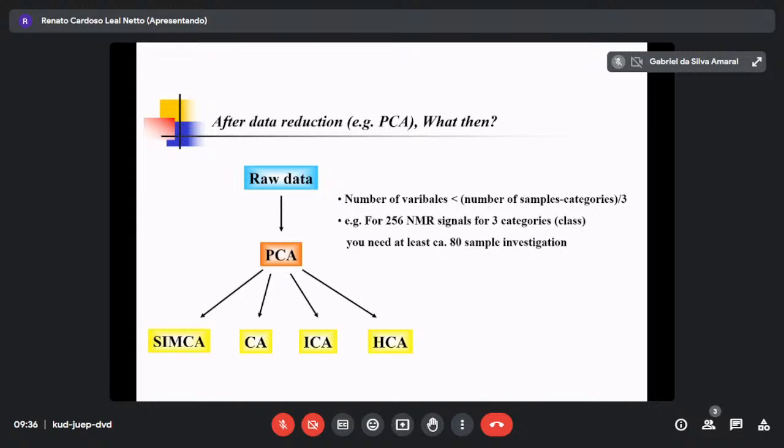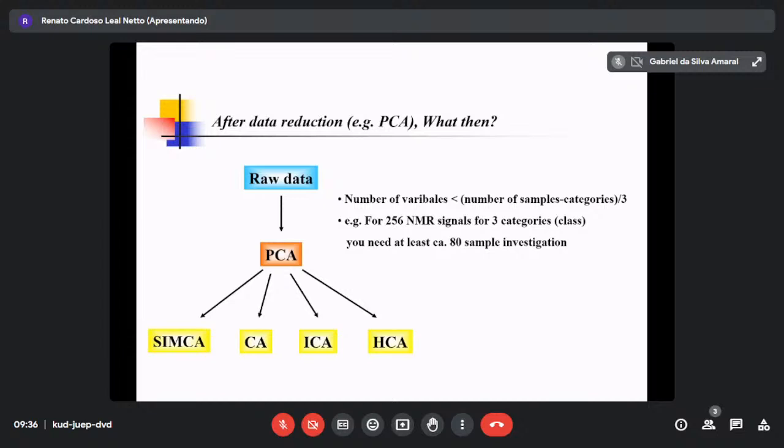Then for each sample, instead of height, foot size, or weight, you have the PC1 score, right? You use these reduced PC1, PC2 scores for further canonical analysis, independent component analysis, or hierarchical cluster analysis. You can use them instead of the original variables.